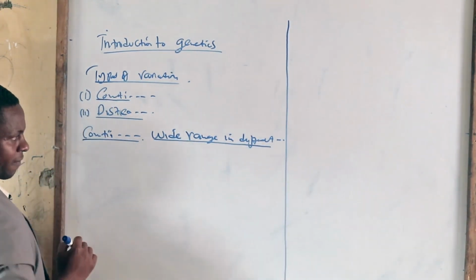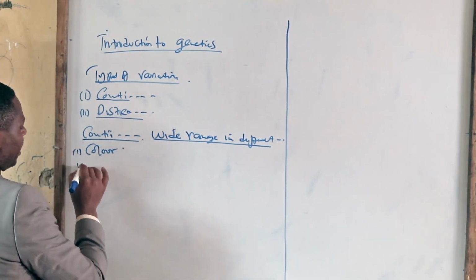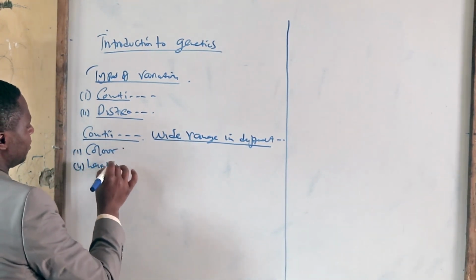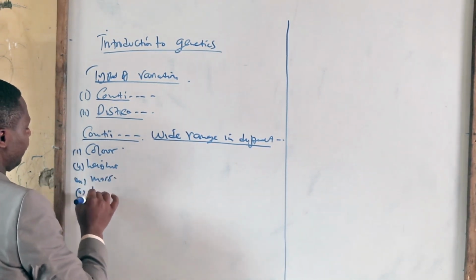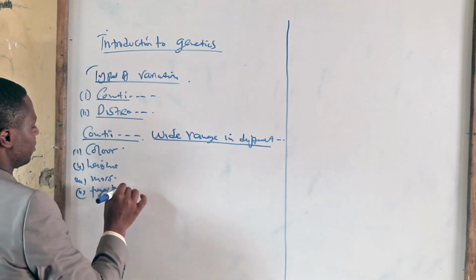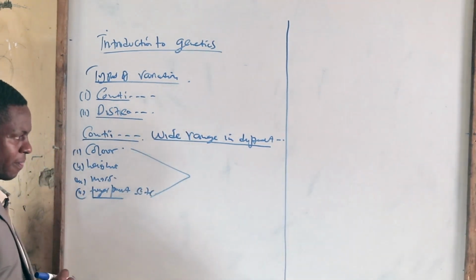For example, color, height, mass, fingerprint, etc. What do I mean by this?